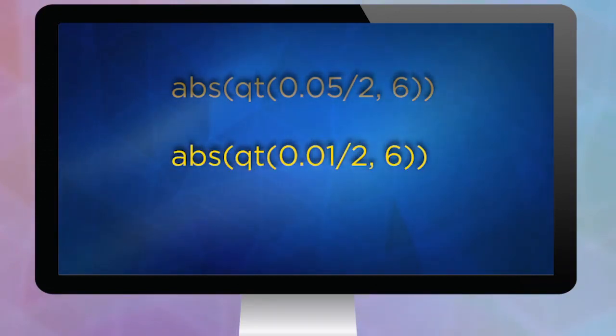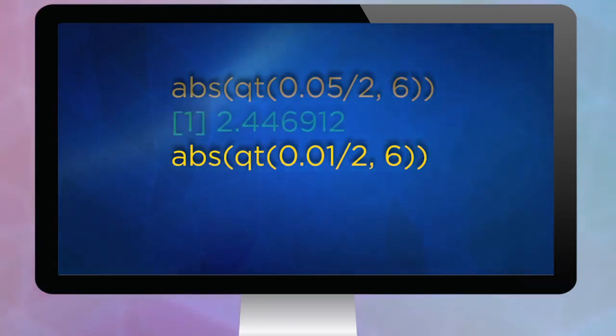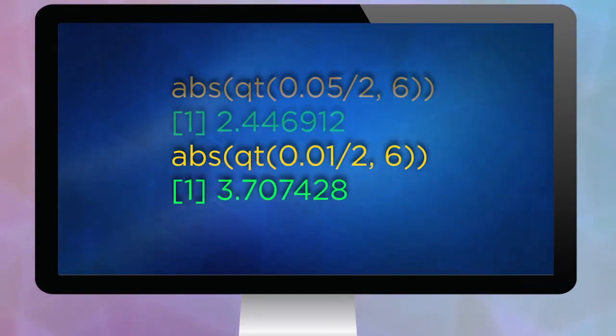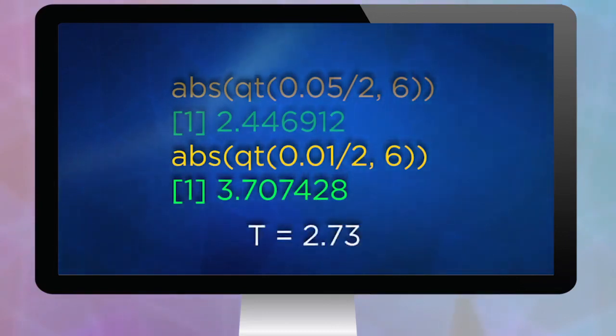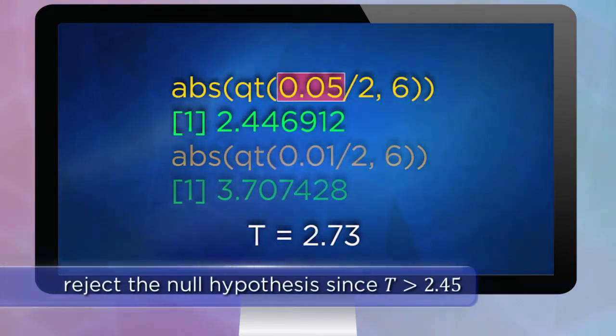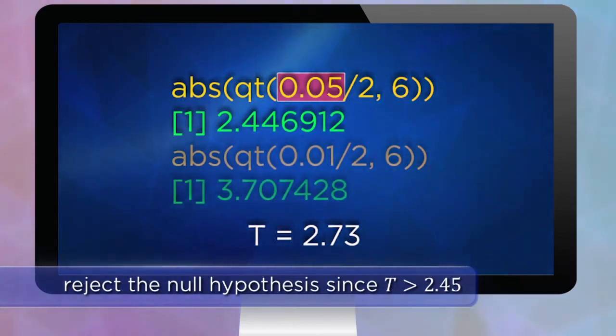So here are the critical values that R gives us. At the 95% confidence level, our critical value is 2.44, and at the 99% confidence level, our critical value is 3.7. This is what we compare our t-test statistic to. Now notice, at the 95% confidence level, we actually reject the null hypothesis because t is greater than 2.45.